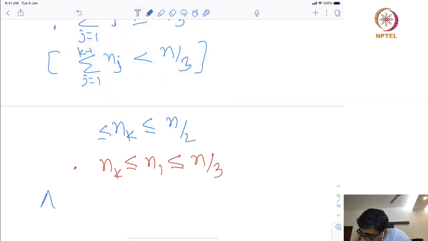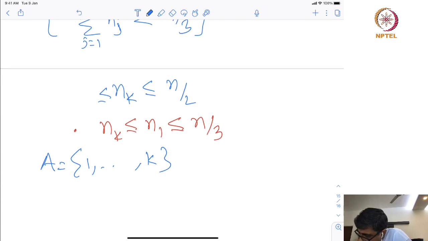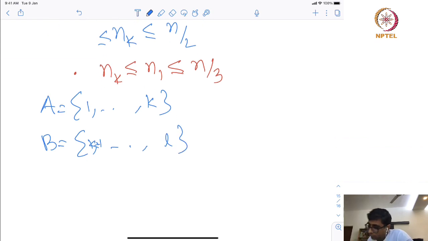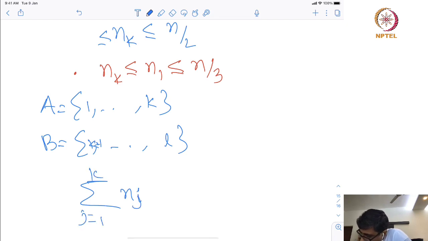So what is A? It is 1 up to k, and B is k plus 1 up to, say, L. Now let's look at the summation nj, j going from 1 to k minus 1, plus nk.